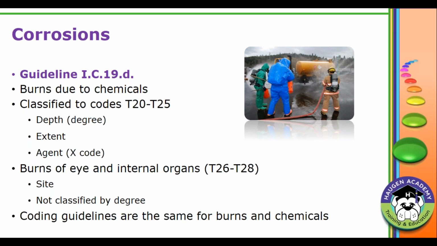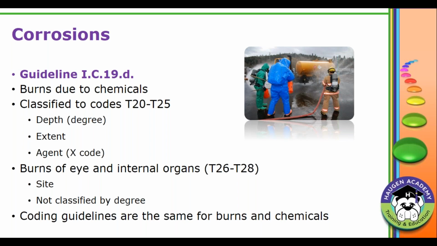And in the burns, what we classify as a burn is a thermal burn. And then any burn due to chemicals is a corrosion. And these are classified to codes T20 to T25, very similar to burns by depth, extent, and the causative agent. And the coding guidelines that apply to burns are the same guidelines that apply to corrosions.